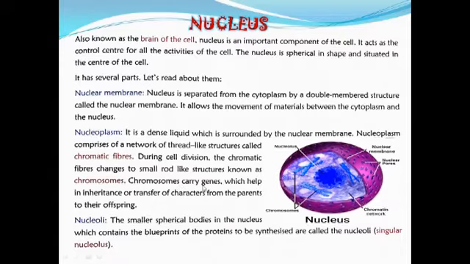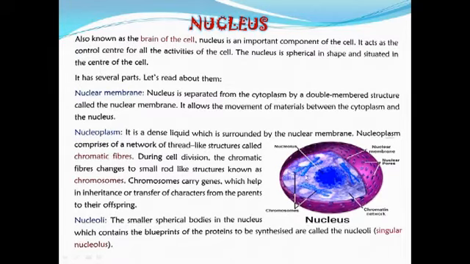These chromosomes carry genes which help in inheritance of or transfer of characters from the parents to their offspring. Offspring means babies. So from the parents, babies also receive some of the characters of the parents, and that is possible only because of these genes which are present in these chromosomes.